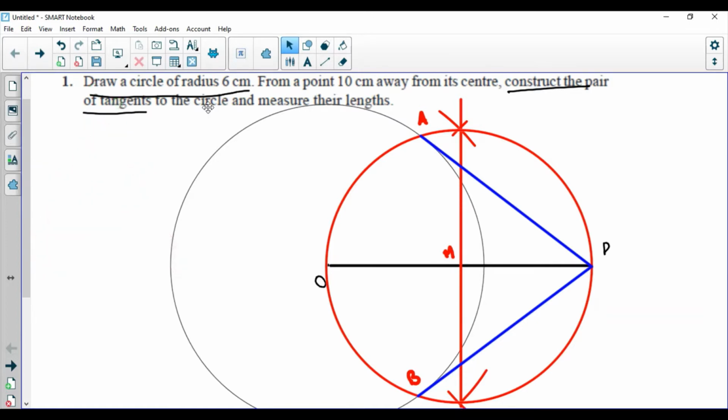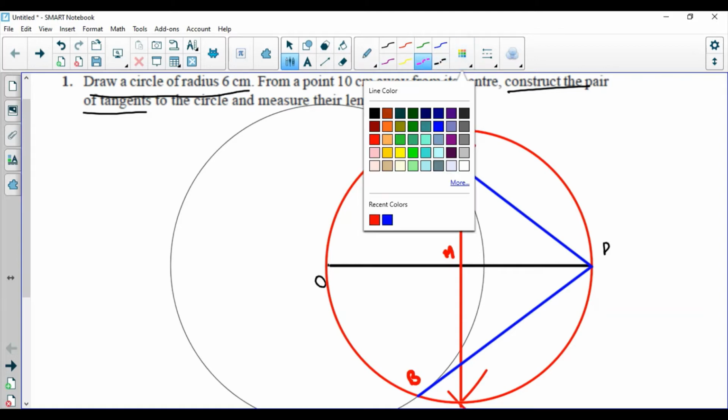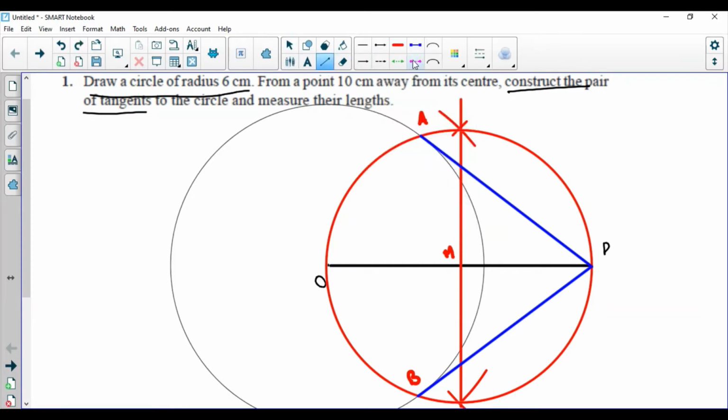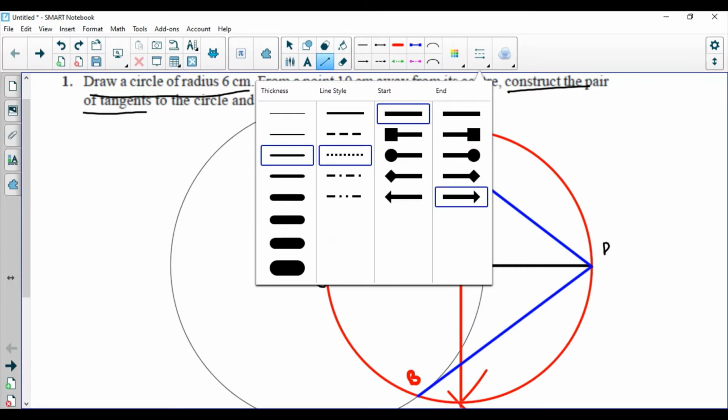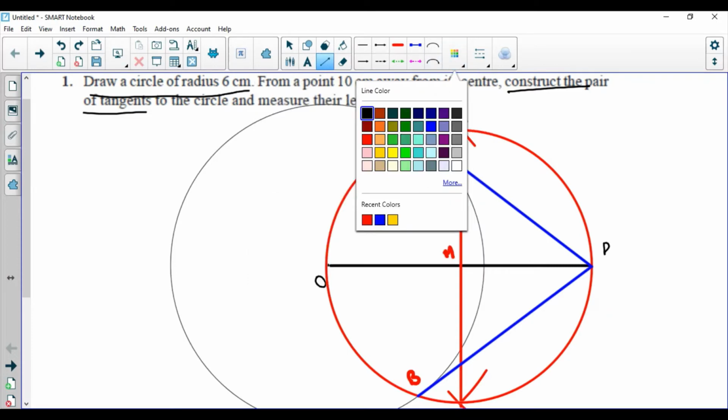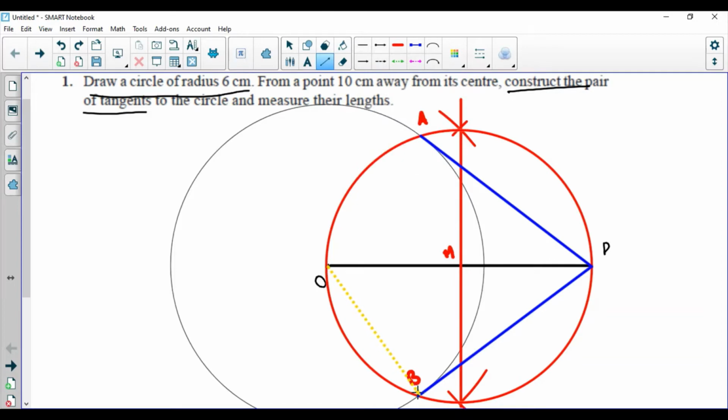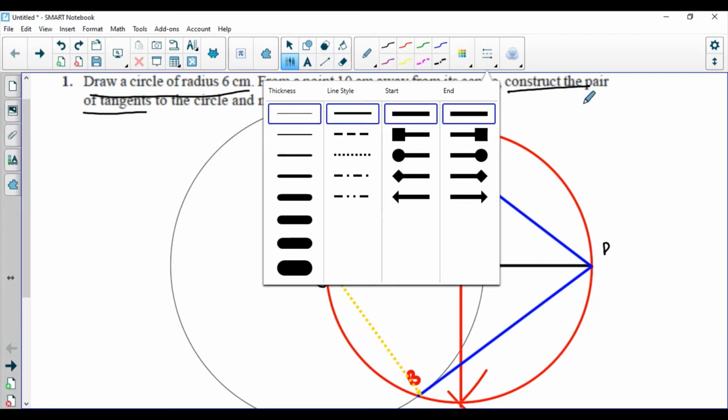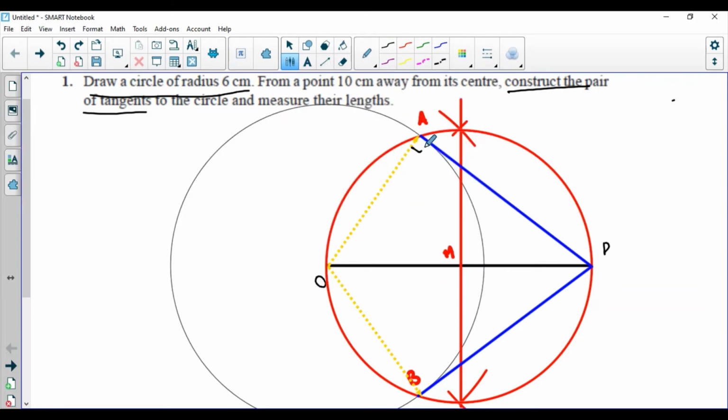See, suppose we join BO and OA. Now, if you observe, these two are right angles.